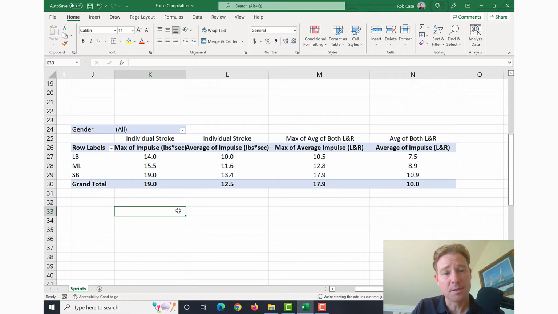Impulse for the sprint is always higher than impulse for your regular stroke. It's usually anywhere between 50 to 200% higher, depending on how lightly the surfer is doing their regular stroke. But what's weird about that metric is one could say, well, I'm just going to stay in the stroke longer.